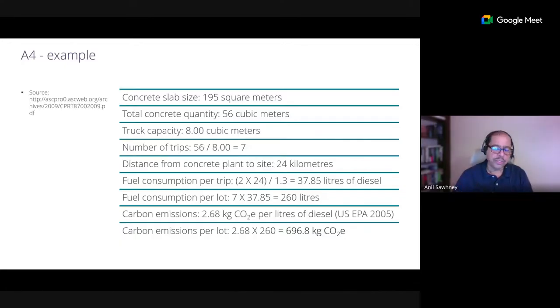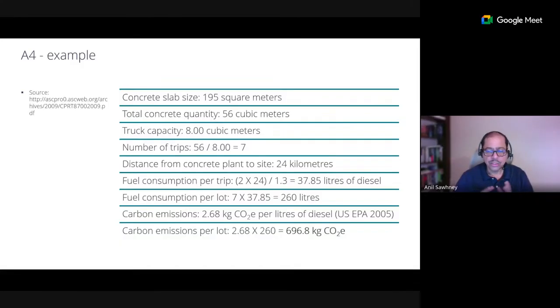Using that 2.68 kilograms carbon dioxide equivalent per liter of diesel then gives you, for this material transport for your product, just concrete, about 700 kilograms of carbon dioxide equivalent.